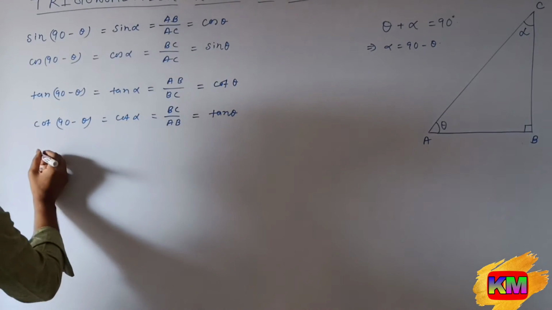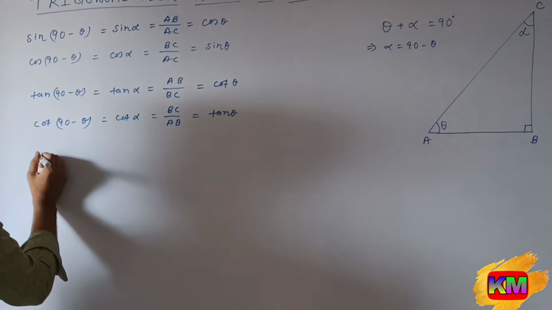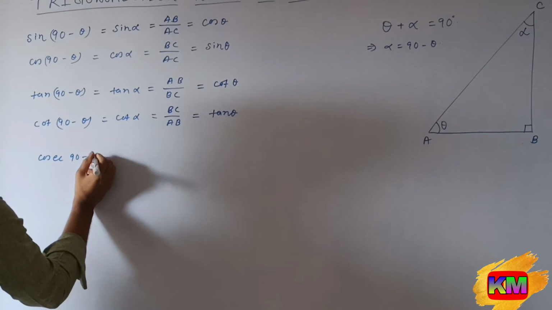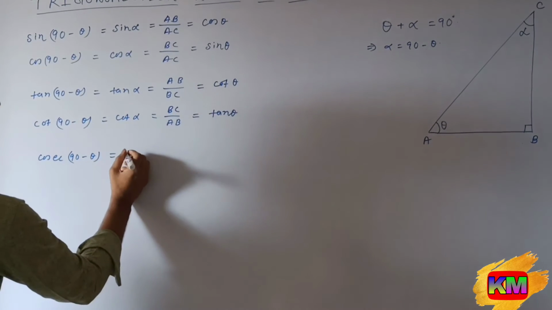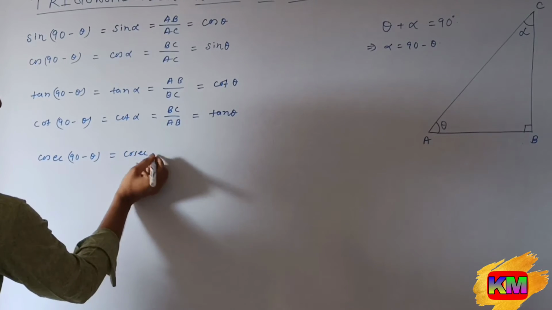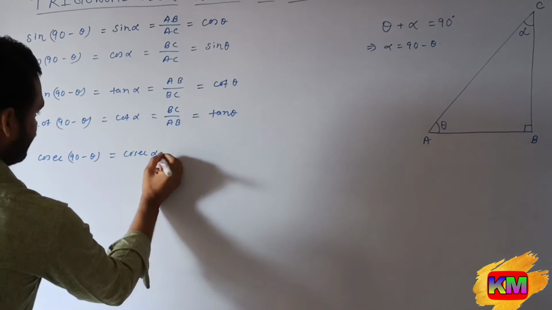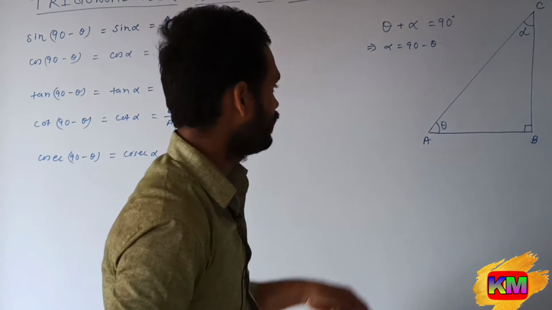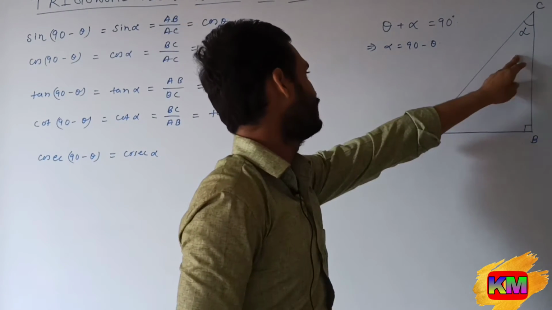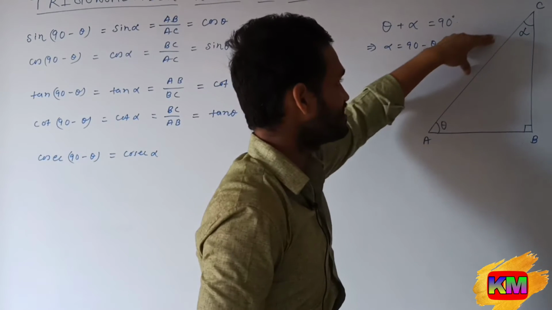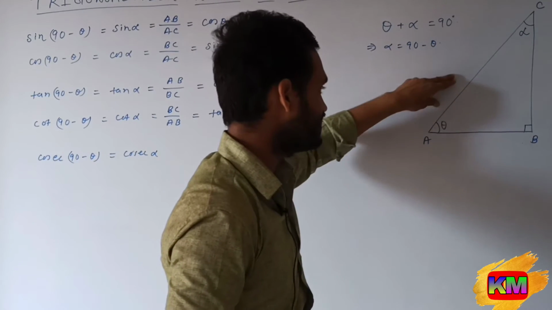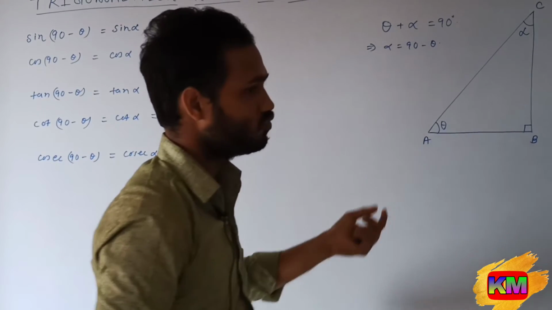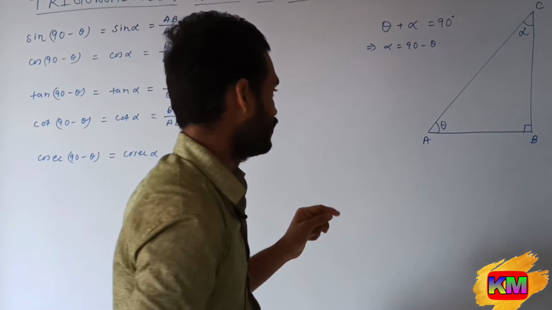Similarly we can find cosec 90 minus theta, which is equal to cosec alpha. Now for the angle alpha, AC is hypotenuse and AB is perpendicular, and cosec alpha equals hypotenuse divided by perpendicular.